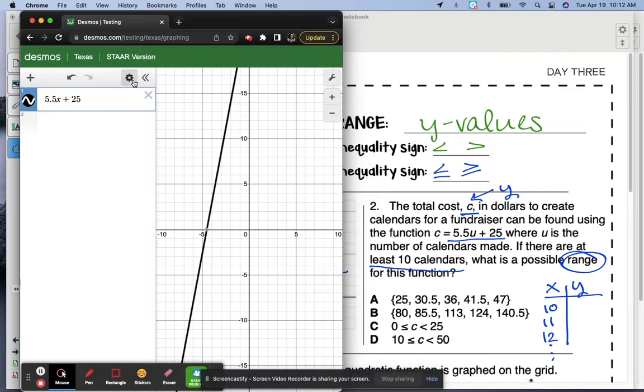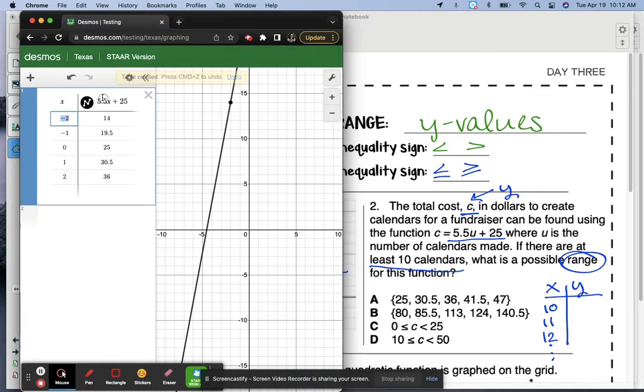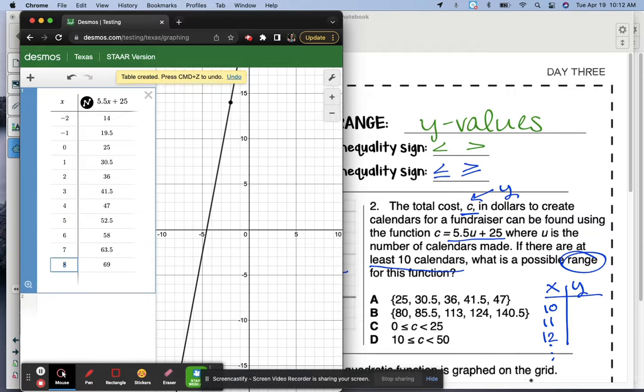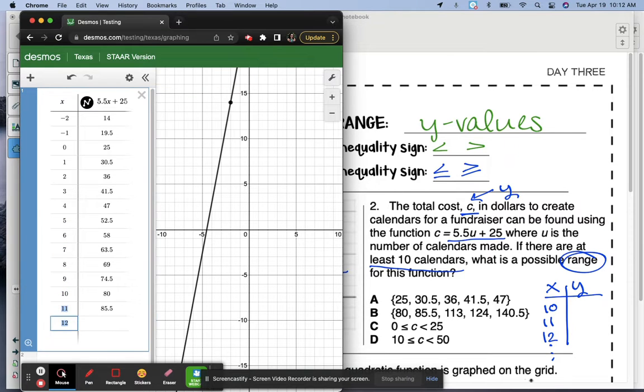So I'm going to go to Settings, Table, and here I can see all of the prices for my calendars. So at 10, it costs $80. 11 costs 85 and a half, and 12 is 91, and so on.